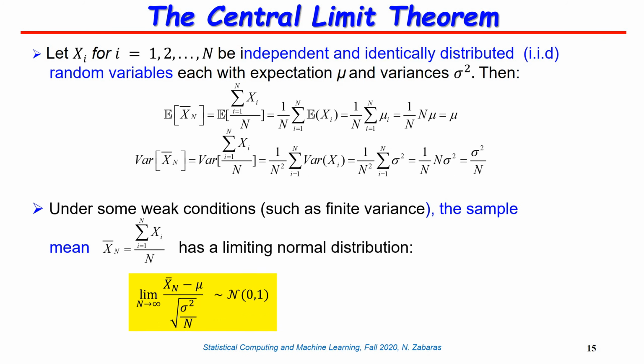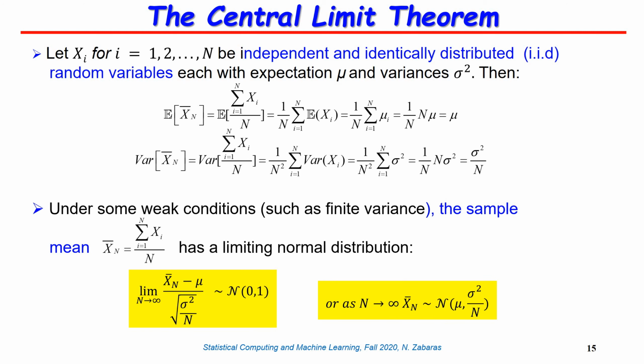The central limit theorem can be summarized, if I go down to just one of the forms that you can remember, the other ones are equivalent. As n goes to infinity, the sample mean basically follows a Gaussian, a normal distribution with mean the true mean of the distribution, and a variance that is sigma square over n.